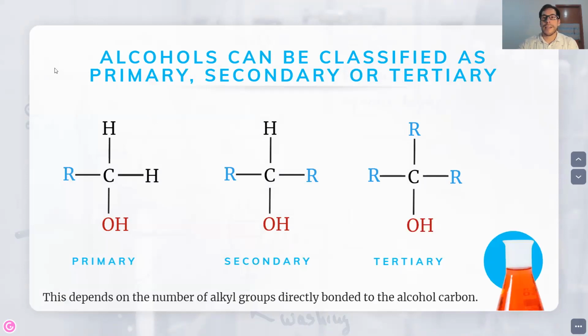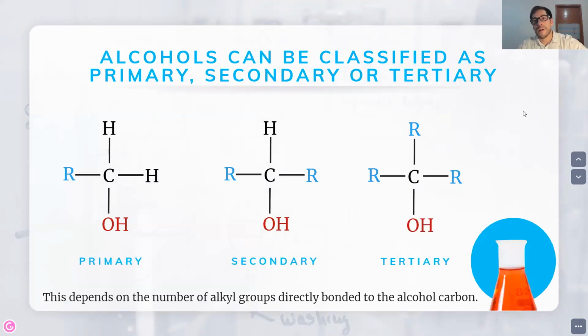Alcohols can be classified as primary, secondary, or tertiary, depending on the number of carbon chains that are attached to the carbon that contains the OH. For example, here on the left, we can see a primary alcohol, where the carbon that contains the OH group is connected only to one other carbon chain, the R here.